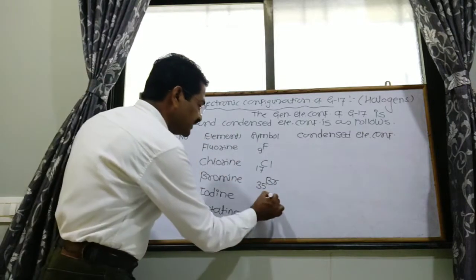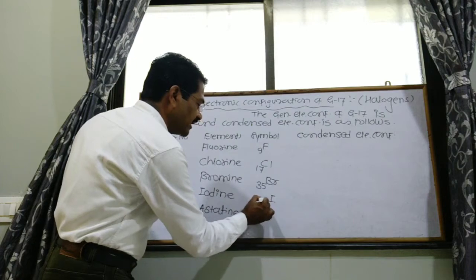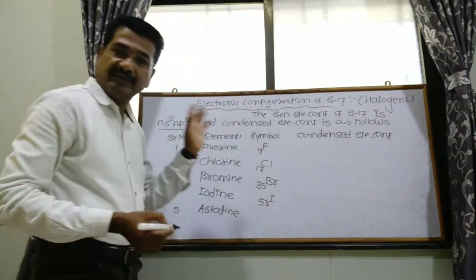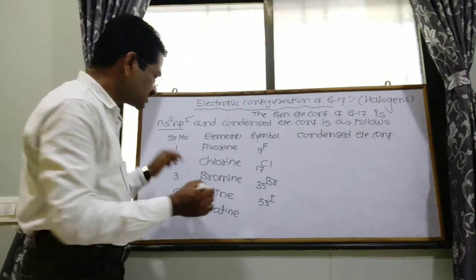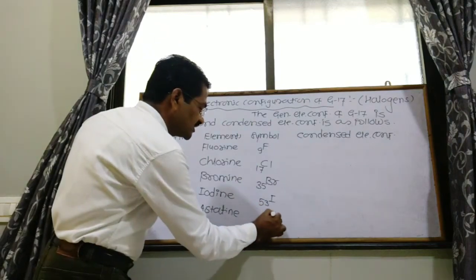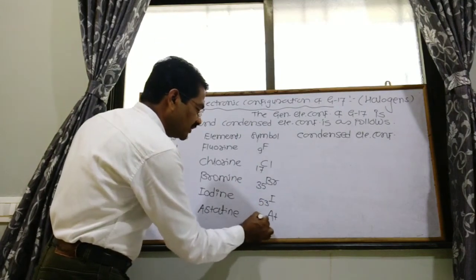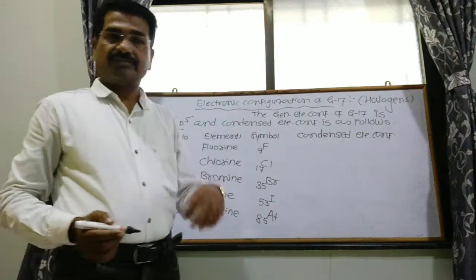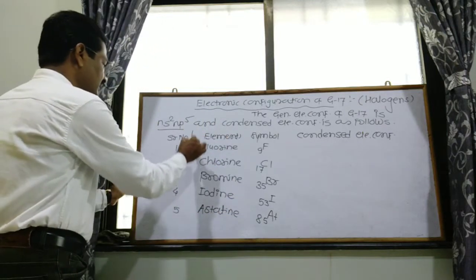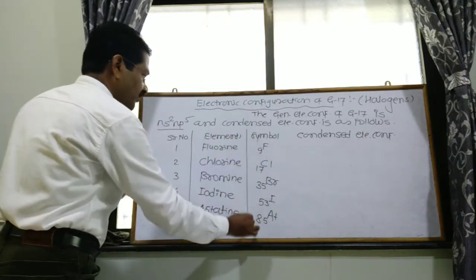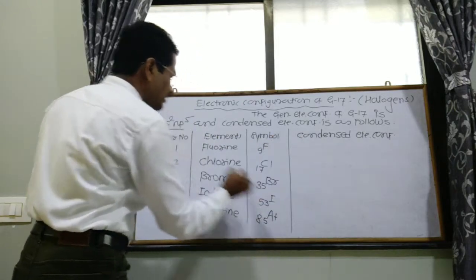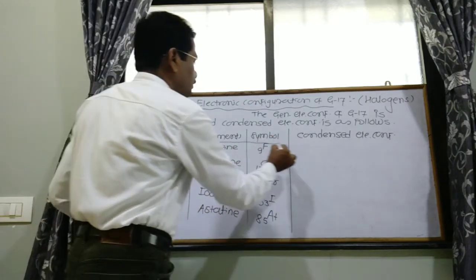Fourth, iodine having the symbol I and atomic number 53. And last, astatine having the symbol At and atomic number 85. So all these 5 elements are placed in group 17.